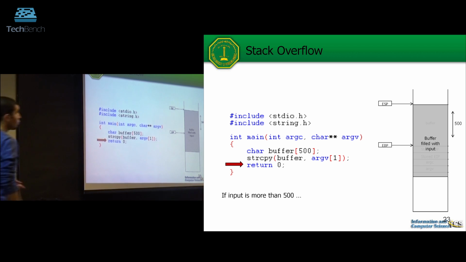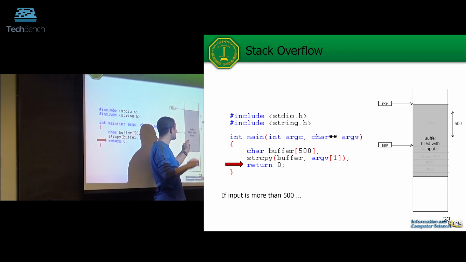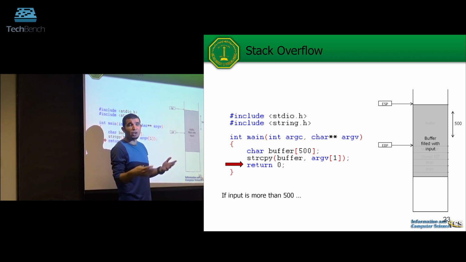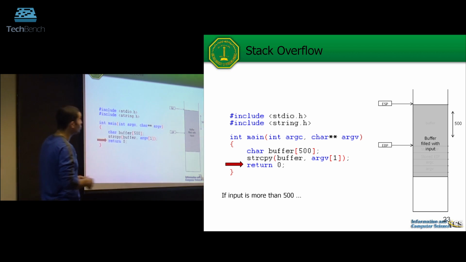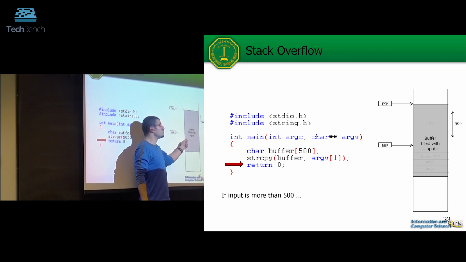We saw last time that you can override the EIP with the address of a certain function, let's say CMD or shell or whatever, which is already loaded in the current execution. But the problem is this is not stable.